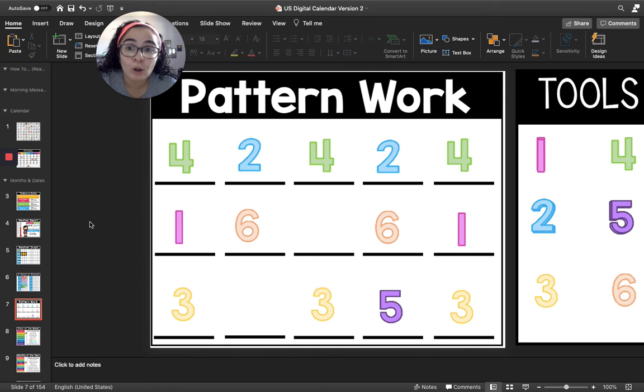Let's read the whole pattern together. 1, 6, 6, 1. What number do you think goes on this blank? I think that a number 1 may go on this blank because the number is in between two sixes.